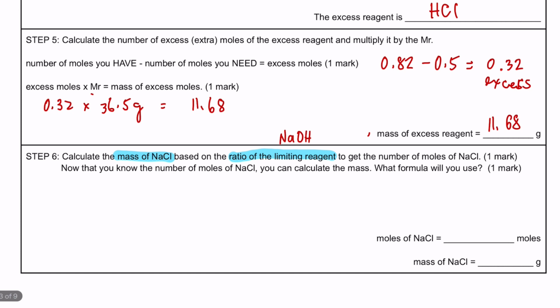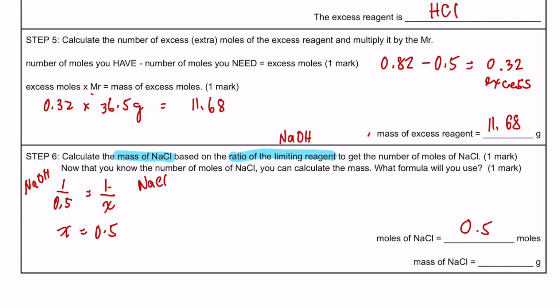But I just want to show you the calculation, so next time, if it's not 1:1, you know what to do. So 1 mole of sodium hydroxide is 0.5 mole, equal to, and this would be sodium chloride, 1 over x. So x is equal to 0.5 mole.